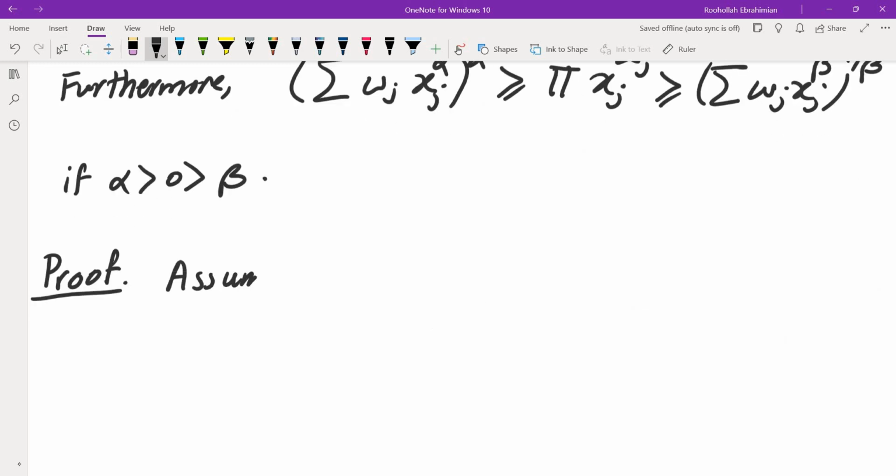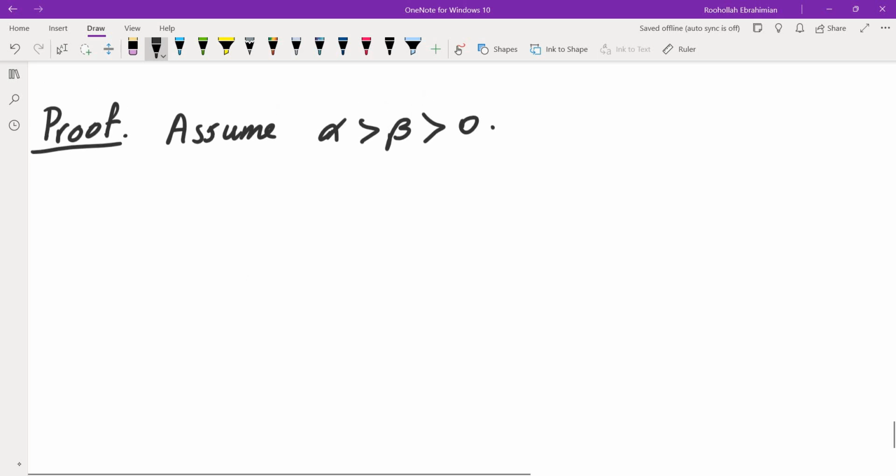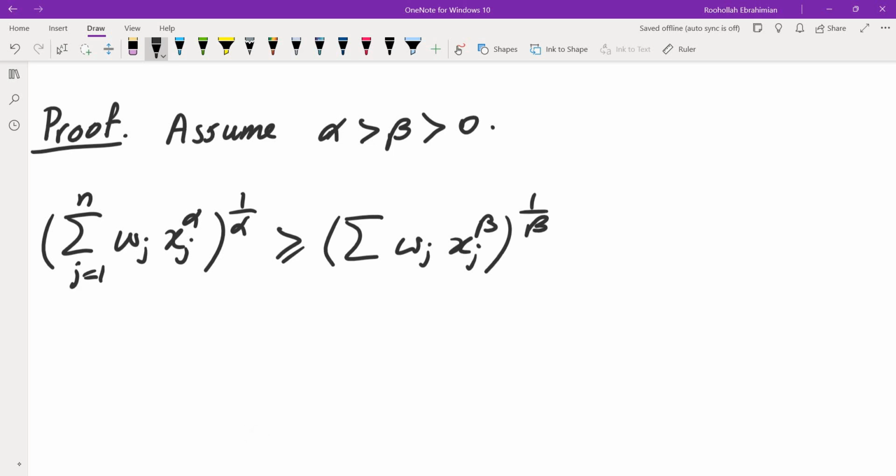So let's assume that alpha is greater than beta, and let's take the case when both of them are positive. Okay, so let me see what I need to prove. We need to prove (sum of wj xj^alpha)^(1/alpha) is greater than or equal to (sum of wj xj^beta)^(1/beta), and of course both of these are j equals 1 to n.